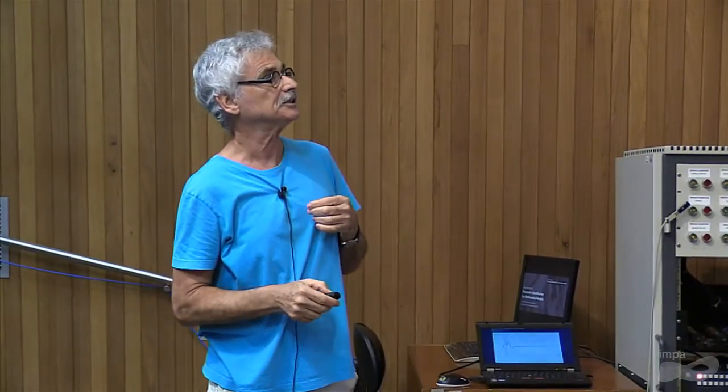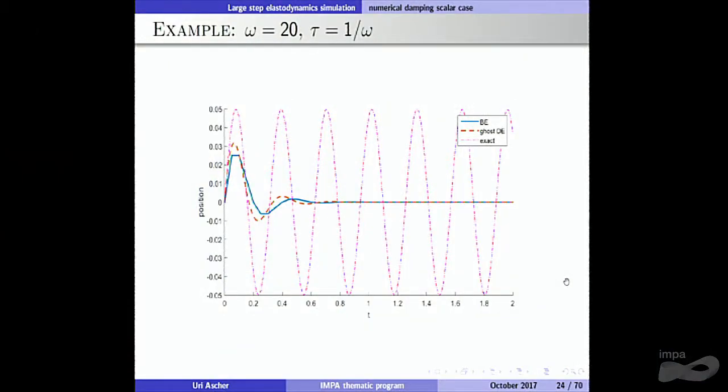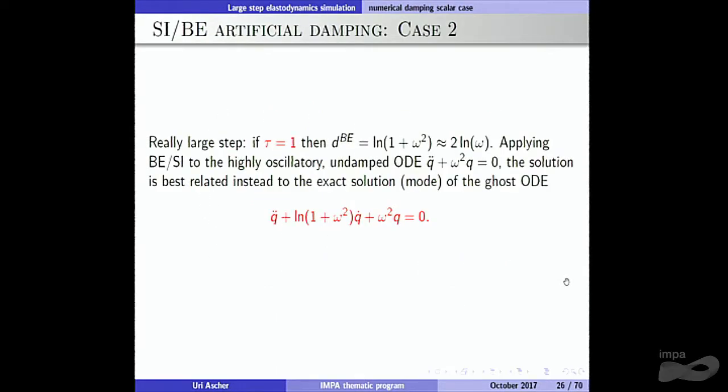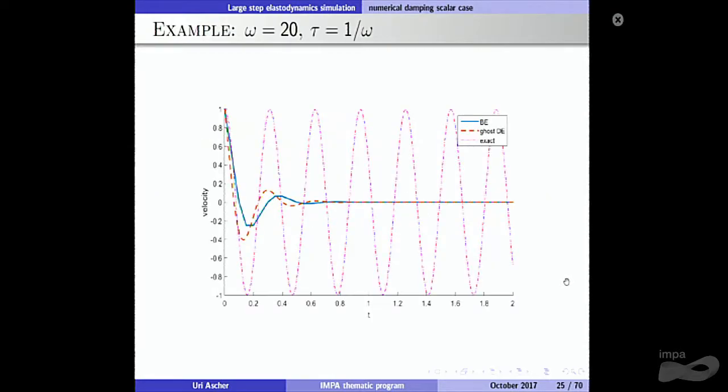And so here's an example. This is the ghost ODE for backward Euler, and this is the actual result of backward Euler. The point is that you only want to look at the damping here, how it decays, whereas the exact solution of this differential equation does not decay at all.